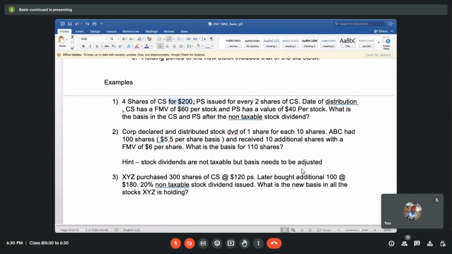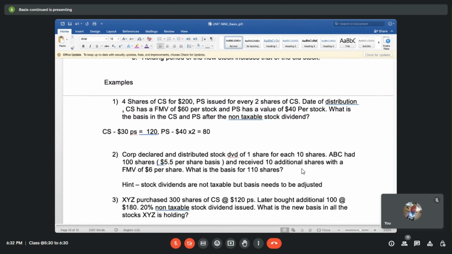And assume this is going to be non-taxable. Because if you assume it to be non-taxable, then all we are doing is we are changing the basis as per fair market value ratio. So based on these prices, fair market value, for common stock, now they're going for $60 per stock. So how much is it? 240?